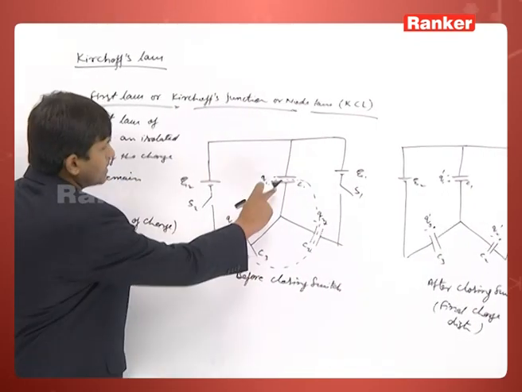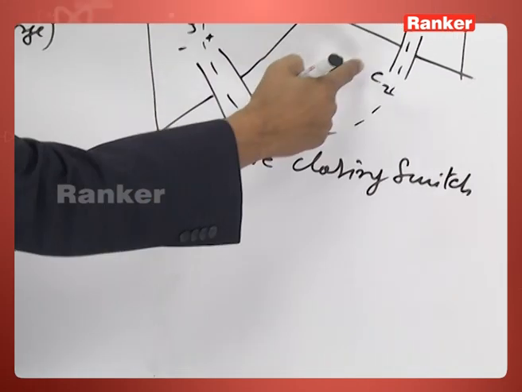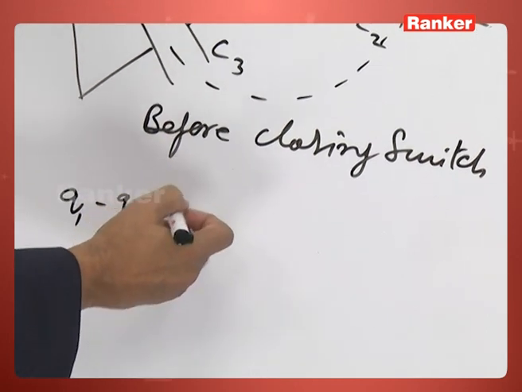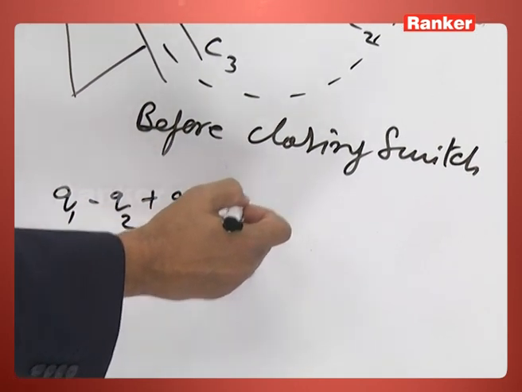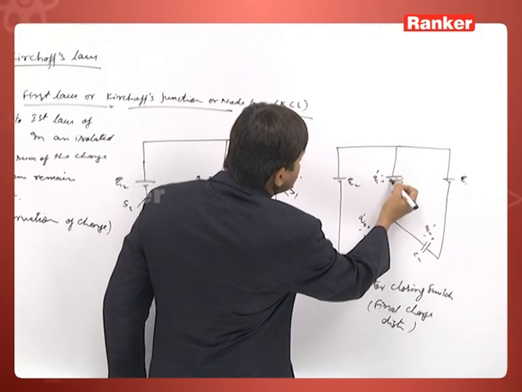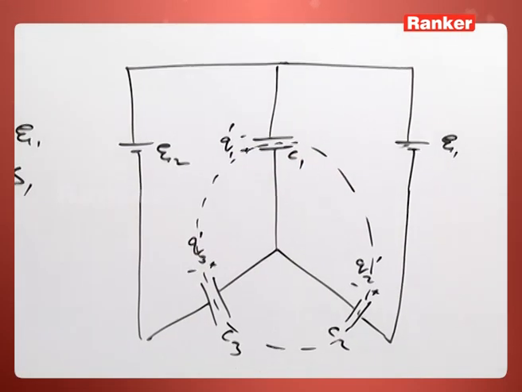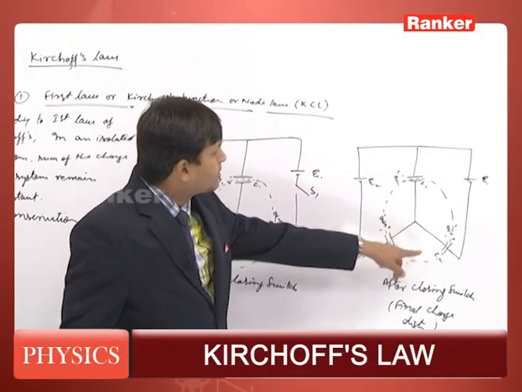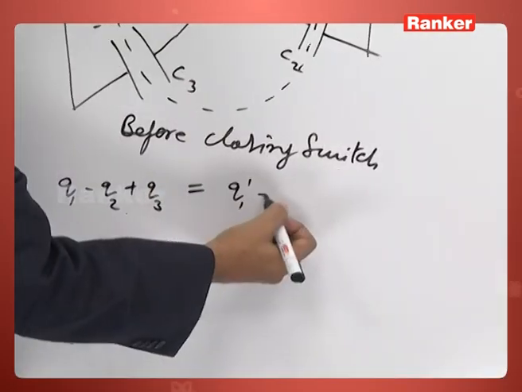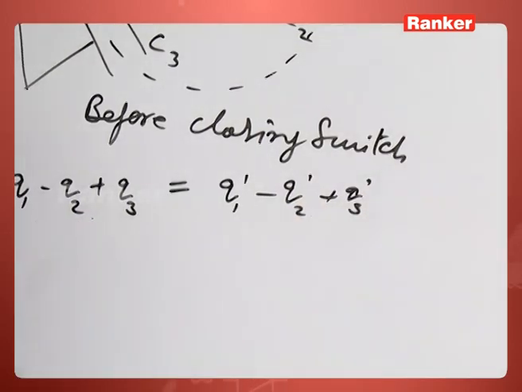See, initial charge we can say on the C1 plate is Q1, here it is minus Q2, and on the C3 capacitor plus Q3. This initial charge is equal to the final charge. See here, the same three plates. If we consider the same three plates, see the distribution: plus Q1 dash, minus Q2 dash, plus Q3 dash.